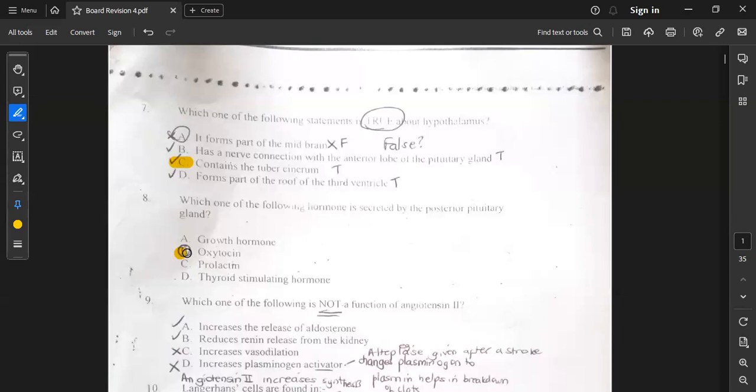Okay, so which one of the following is not a function of angiotensin 2? For this one, we had covered the RAS system in detail. So which one is not a function of angiotensin 2?